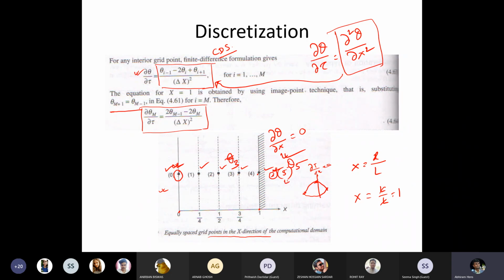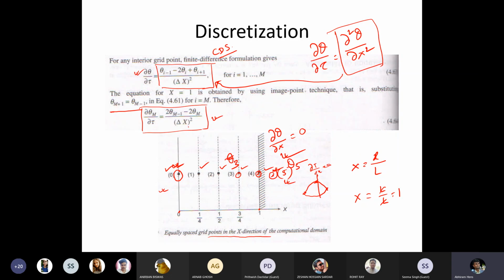my 5 point is gone now, gone from here. We are expressing the boundary condition with the help of points of the function at this and this point. That is how, for the extreme right hand side, the d theta m by d tau term can be discretized.